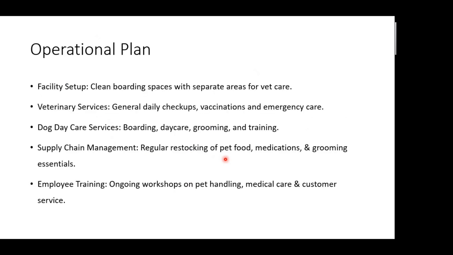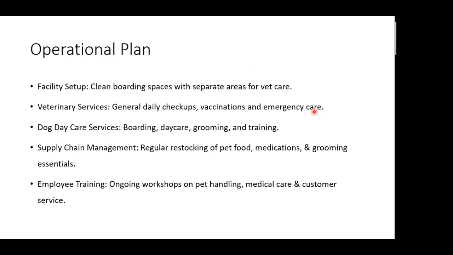So if I show you few examples with regard to the same previous business, pet care, see the facility setup. Clean boarding spaces with separate areas for vet care. And veterinary services, general daily checkups, vaccinations, emergency care. So these are in point forms, but in your proposal, you have to explain them in detail, right?